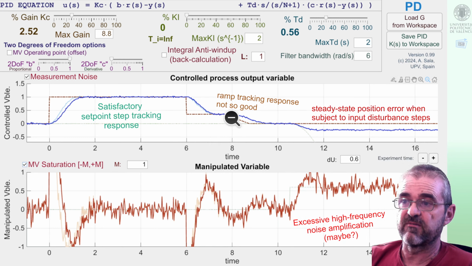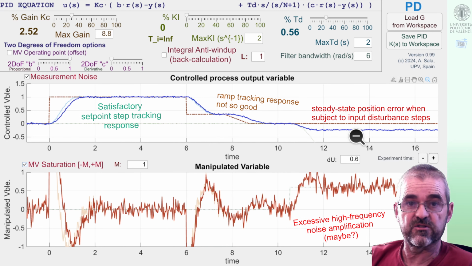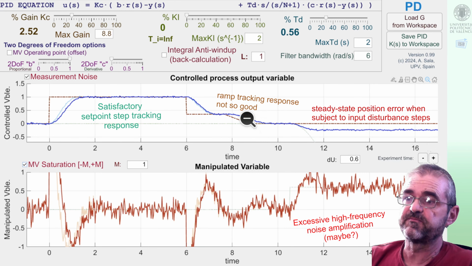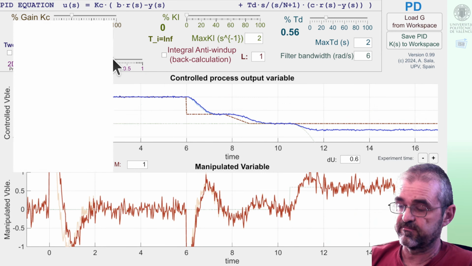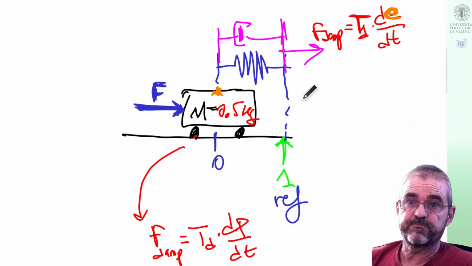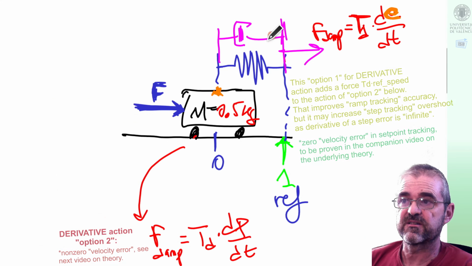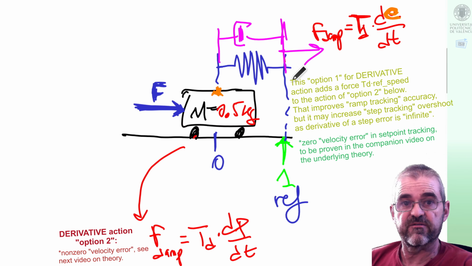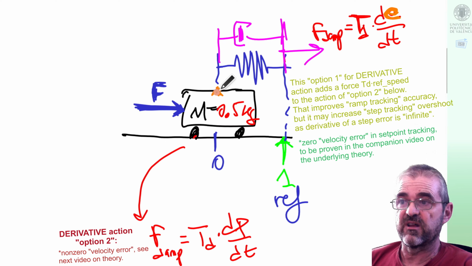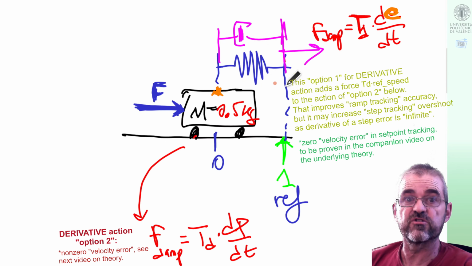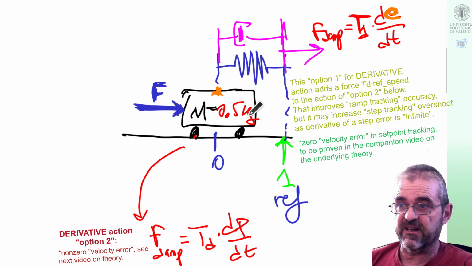What happens with ramp tracking and disturbance rejection? Well, ramp tracking is somehow bad, but it could be better if I used this first option for damping, because then if the reference moves with a certain speed, I will have a force proportional to that speed of motion of my reference, and then reference tracking would be better.